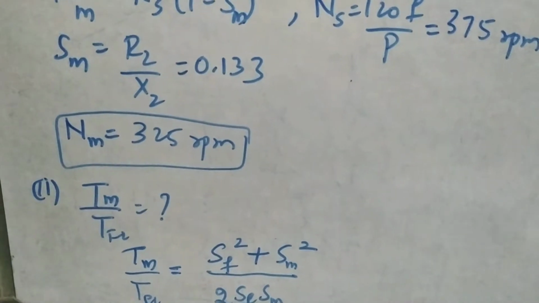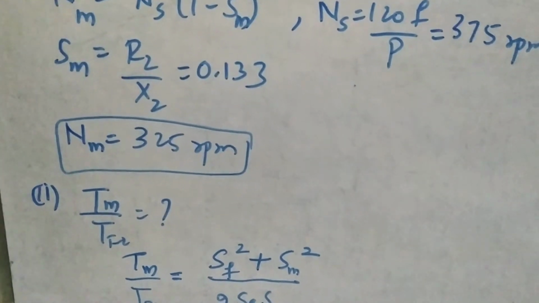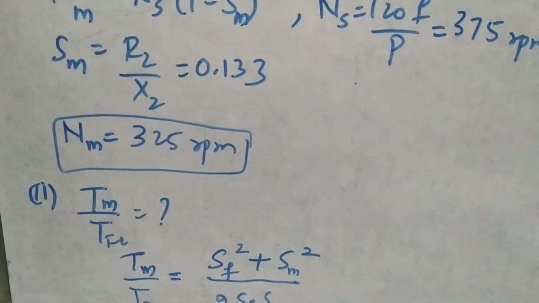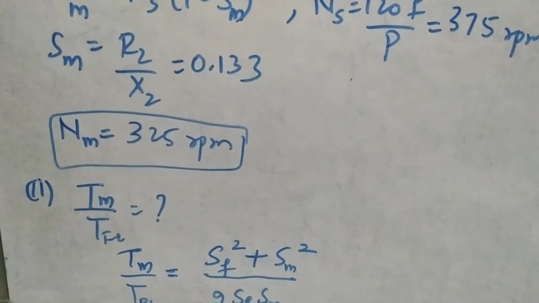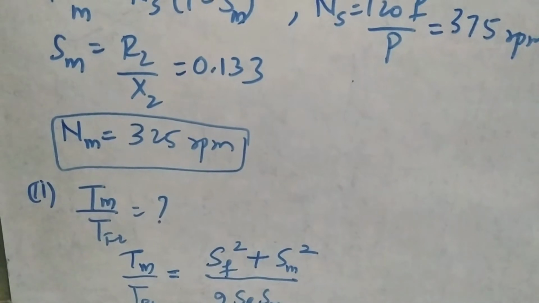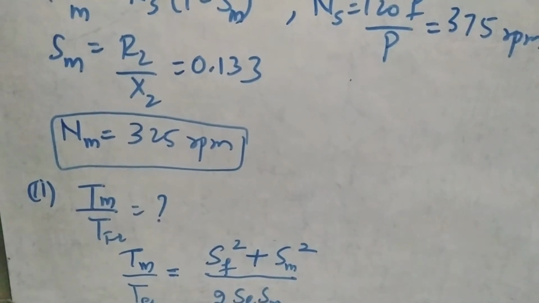We have worked out that TFL divided by Tm is given by 2 times Sf into Sm divided by (Sf square plus Sm square). But they have asked to determine Tm by Tfl.